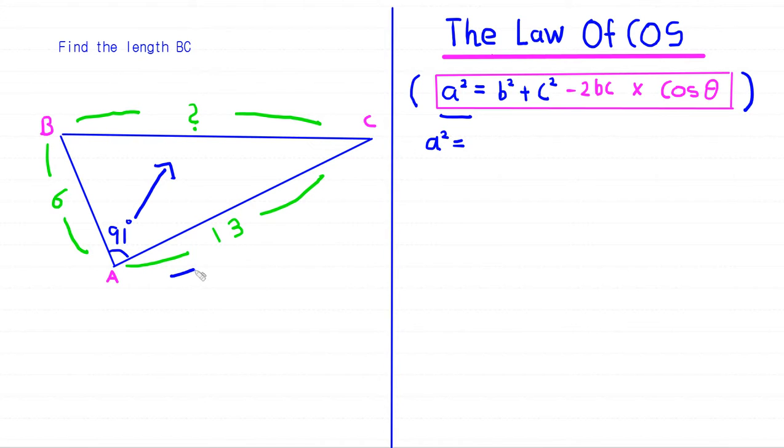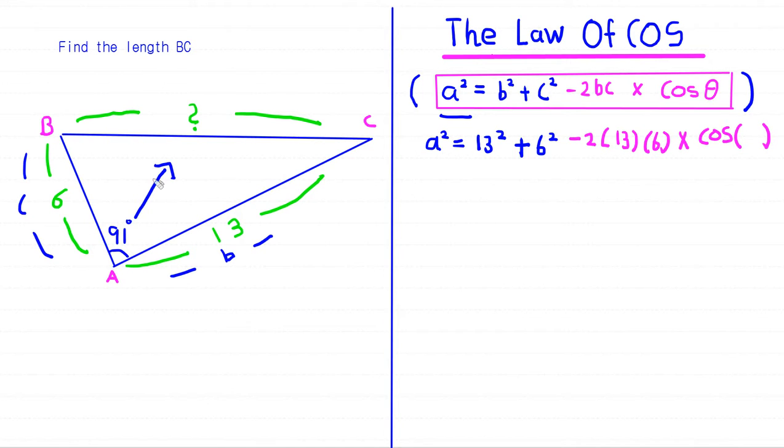I will just call this length B, and I will call this length C. B squared, which is equal to 13 squared, plus C squared, which is equal to 6 squared, minus 2 times 13 times 6, which is 2 times B times C, times cosine of theta, which we can replace with the angle 91 degrees.